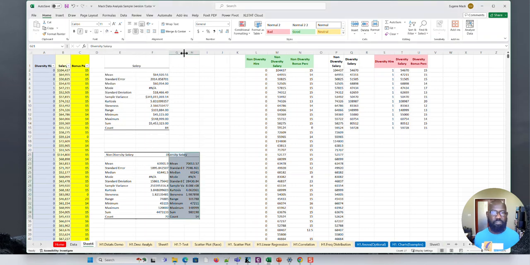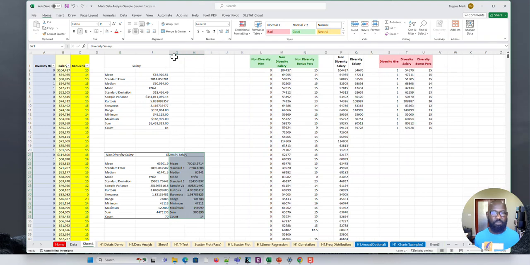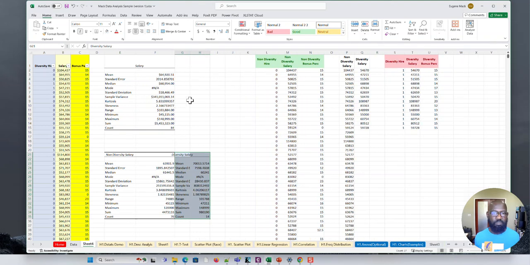And at least that separates the two. Here's the other associated with this here. Okay, so non-diversity, let's bold that. Here's my diversity. I'm going to bold that.